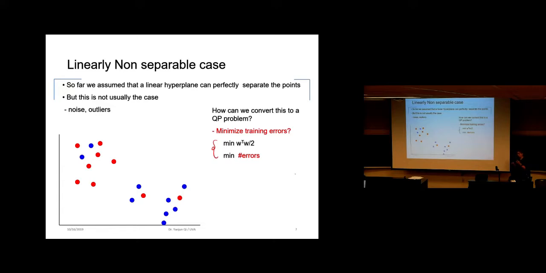But now I'm not looking to classify all the points correctly. My constraint changes: I want to minimize the number of classification errors I'm making in my training data. So I still have two goals, but slightly different from the separable case. I want to minimize W transpose W over 2, and at the same time minimize the number of errors I'm making on my training data.